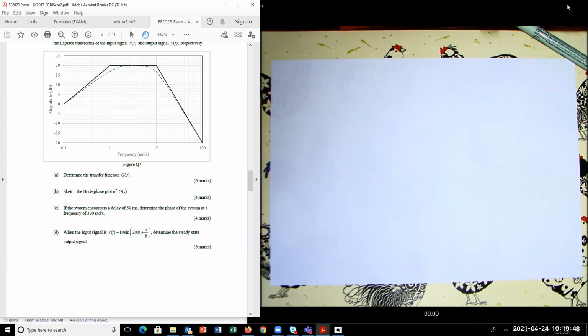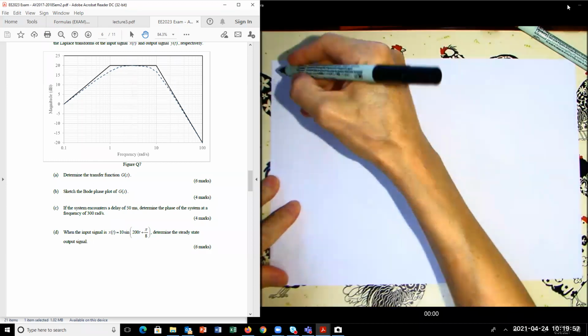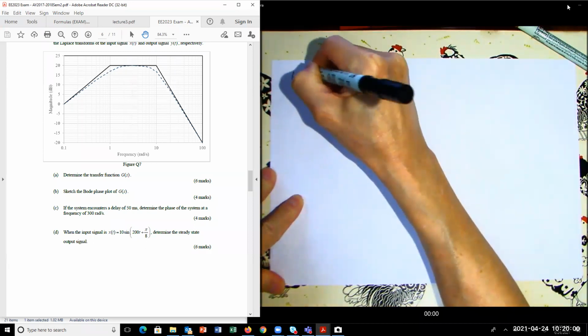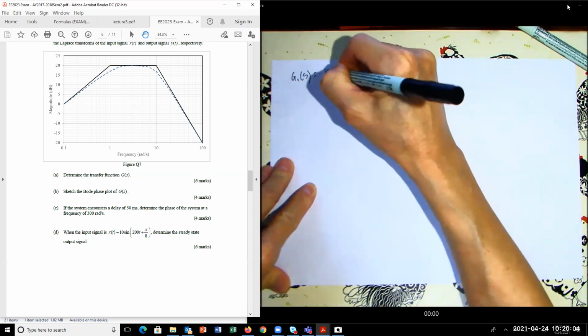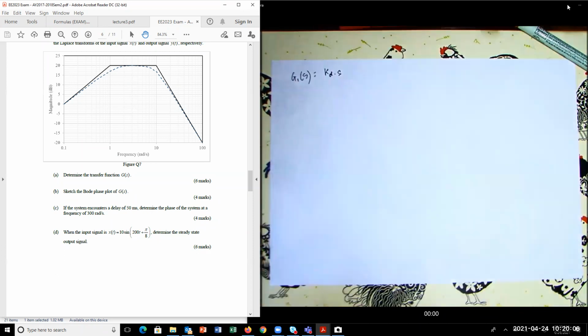according to this, you can see that G1, let me write it down so that it's easier for you to see, is a differentiator. It will be KD times S. So what is KD? You look at omega equals 1. At omega equals 1, the magnitude is 20 dB. That means 20 log KD is 20 dB.